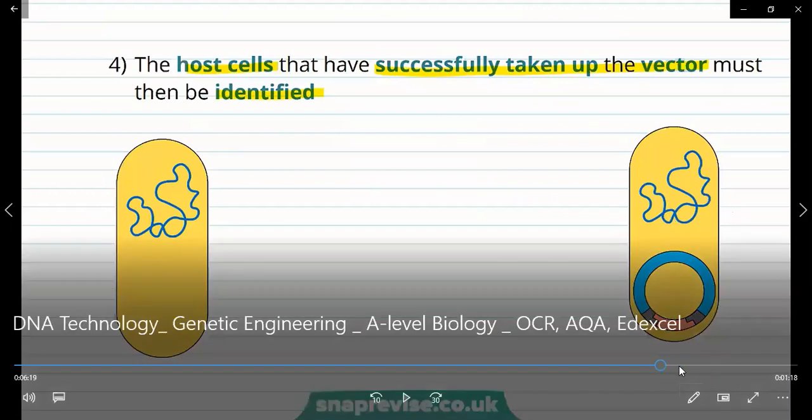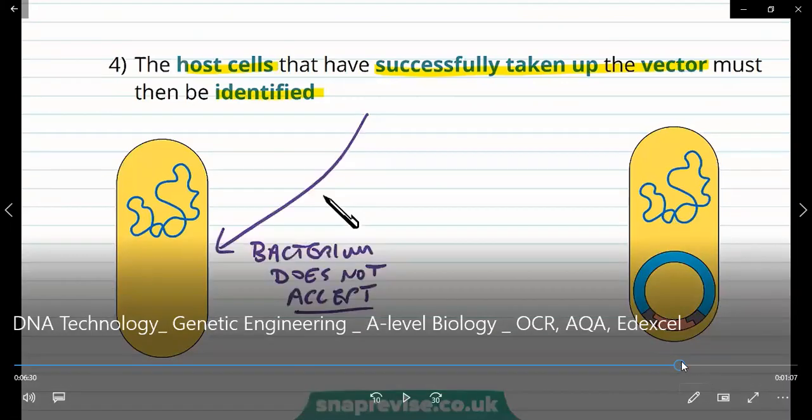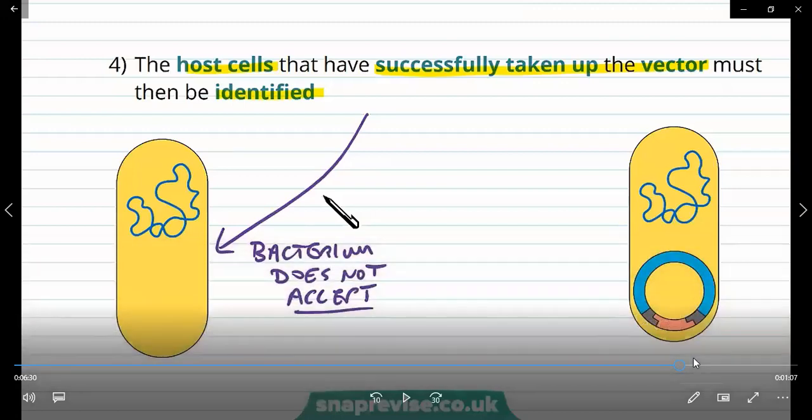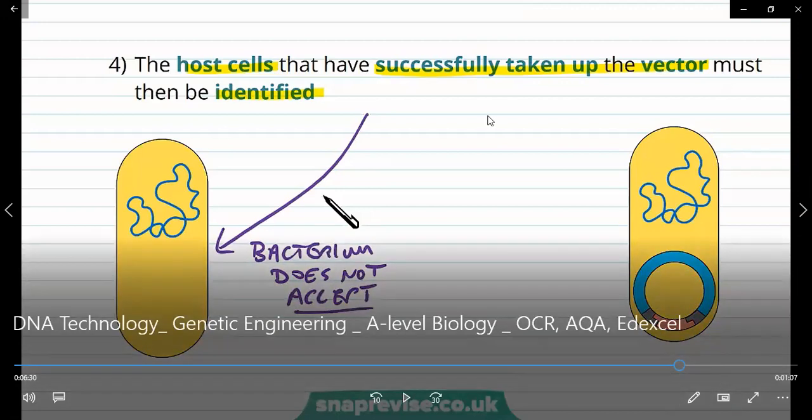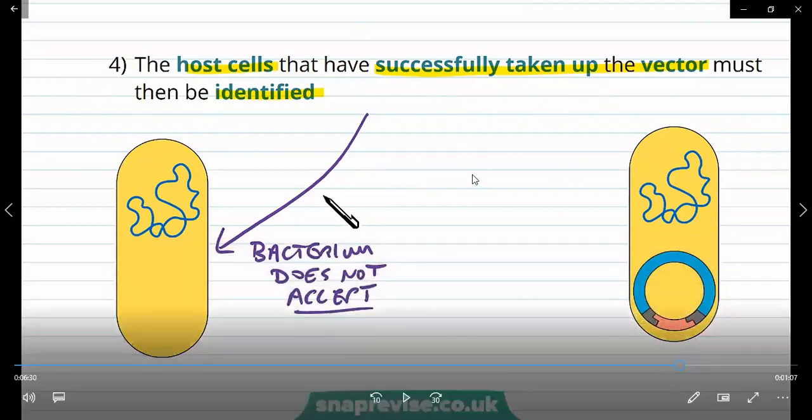Now, not all of the bacteria are actually going to be able to take up the recombinant DNA that you're trying to give them. So you also have to find a way to figure out how many bacteria have actually taken up your gene. Sometimes you don't get all the bacteria to take up your plasmid. Some of them will take it up, some will not, and then you have to check to see which bacteria took it up.